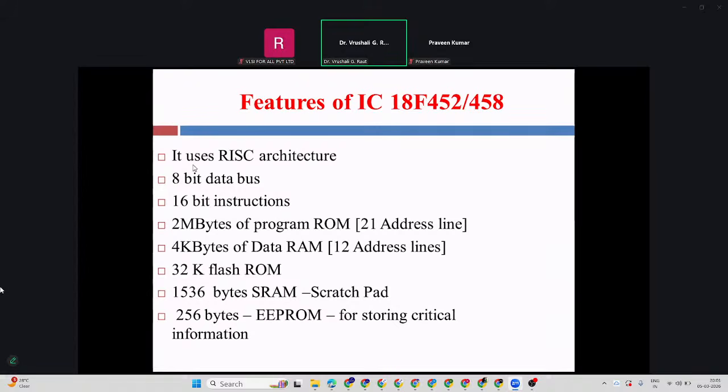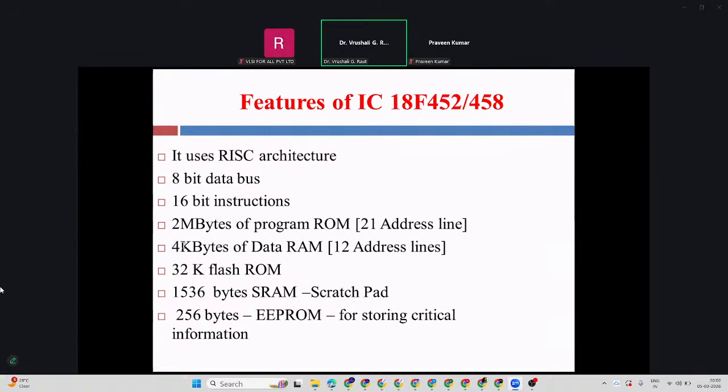It is a RISC processor, 8-bit data bus, limiting to what? 8-bit. 16-bit instructions. The same was the case with our 8051: 8-bit data bus, 16-bit instruction. But look, how much ROM? 2 megabyte of ROM is there. And as it is 2 megabyte, how many address lines will be required? 21 address lines will be required.